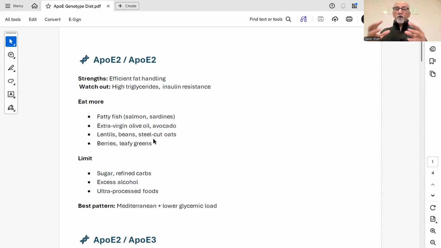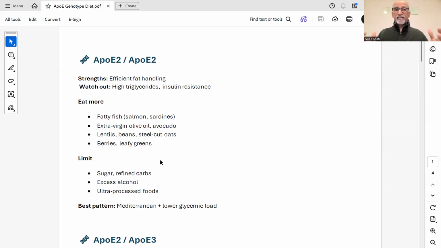Now, you had better get tested to know what type of genotype you have inherited from mom and dad, so you can see how your results pan out based on the type of diet you have been consuming. And if tweaking is required, you can tweak it based on this guidance.